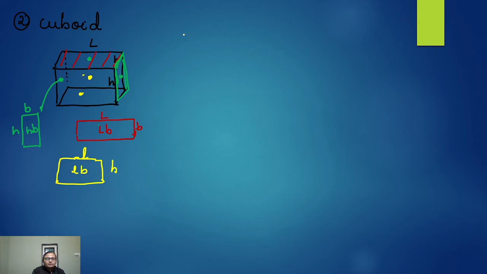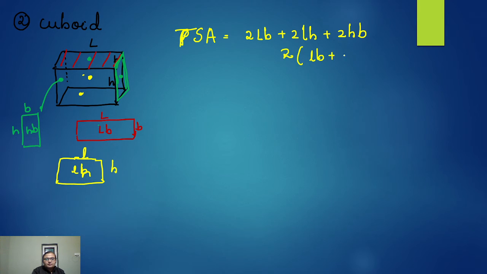So what will be the total surface area? See, 2 length into breadth plus 2 length into height plus 2 height into breadth, total 2 times LB, LH and HB.